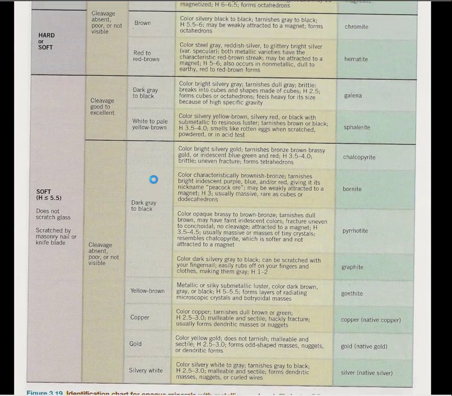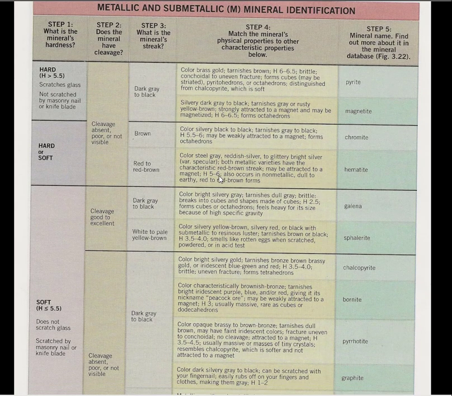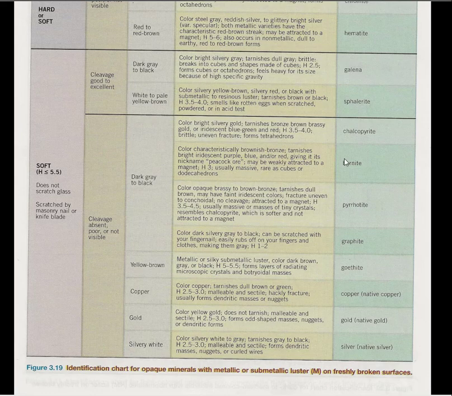So use the hardness, use the cleavage, use the streak to narrow it down a bit, and then use the description to narrow it down even more, and give me a name, okay? Take a piece of paper, if you would, and as you go through this, write down what you're getting, right? And so tell me, okay, I thought it was soft, I thought it had excellent cleavage, etc., etc. And then in the end, tell me the name, right?